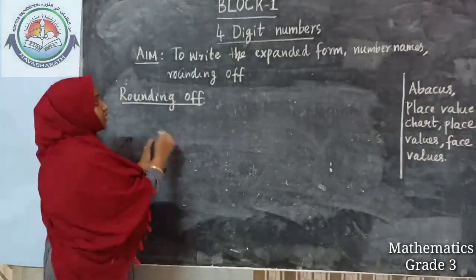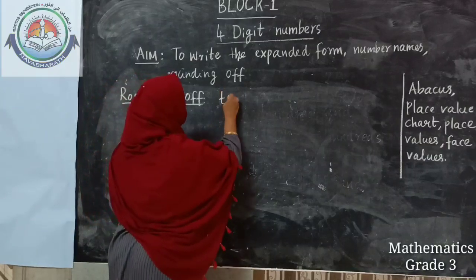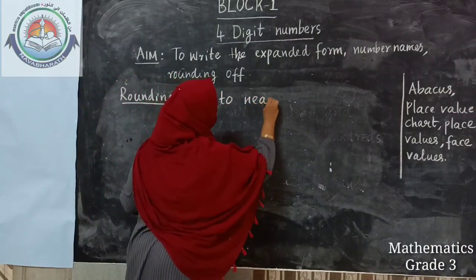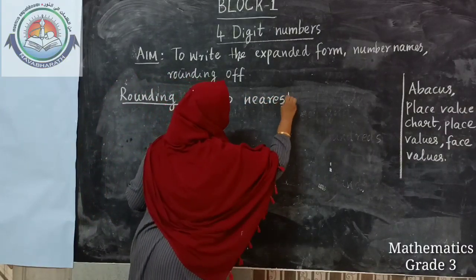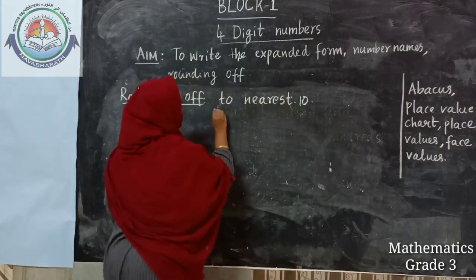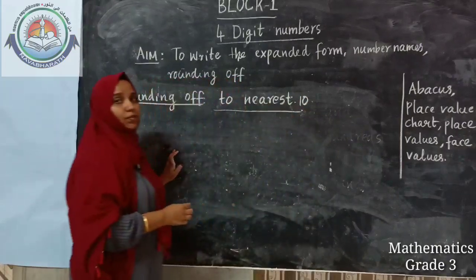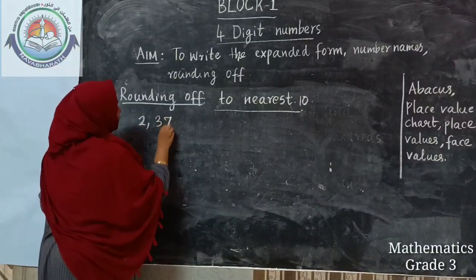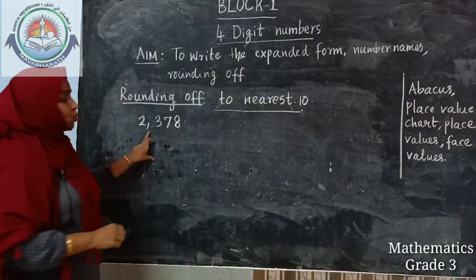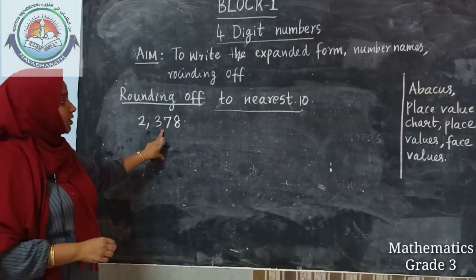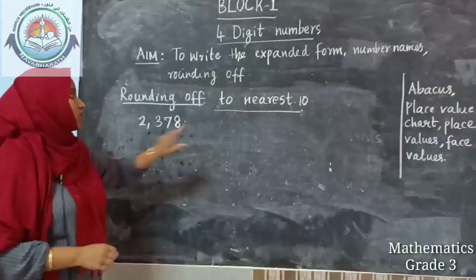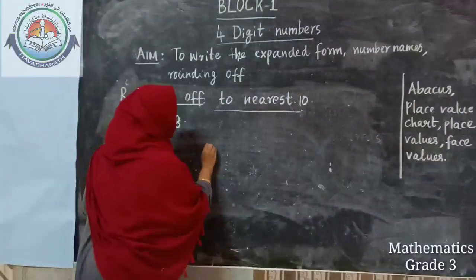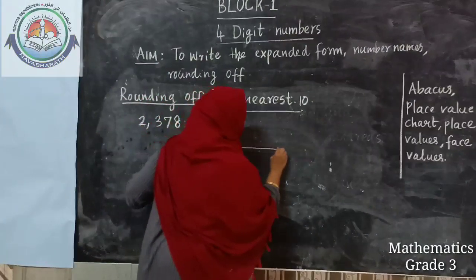First we can consider rounding off to nearest 10. I am going to write here a 4-digit number. This is 2378. First we should draw a number line.